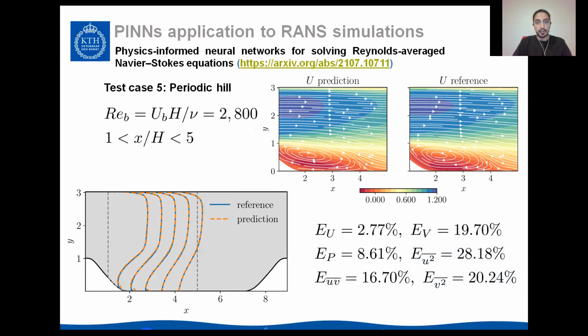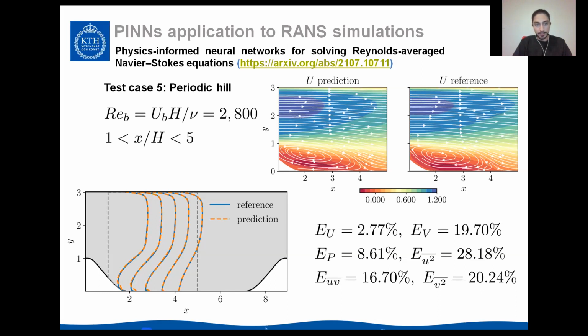Actually, the velocity on these boundaries, top and bottom, is 0, so we only need pressure for the top and bottom walls. And we only need 2 profiles of the data, at the input and the output. With those, we can train the neural network and then have a continuous solution in this domain. And we can nicely predict the evolution of this vortex and the reattachment point. And those are captured very nicely.